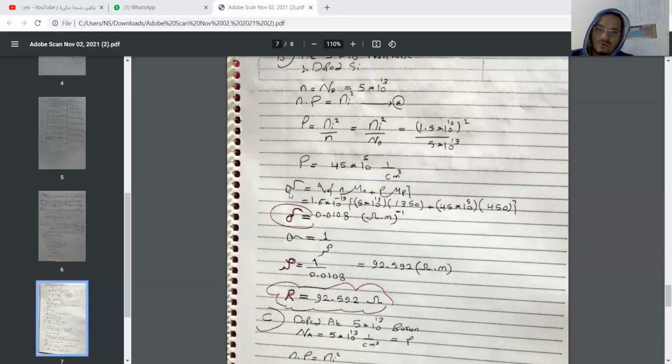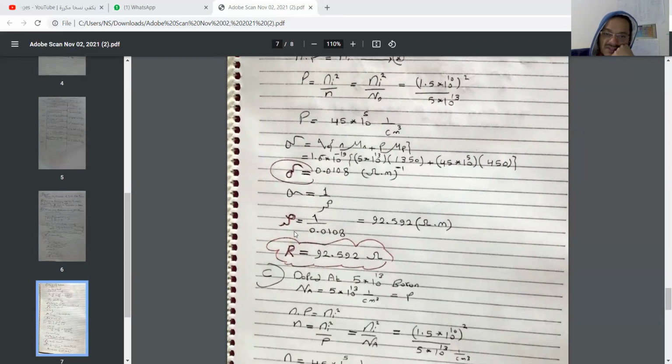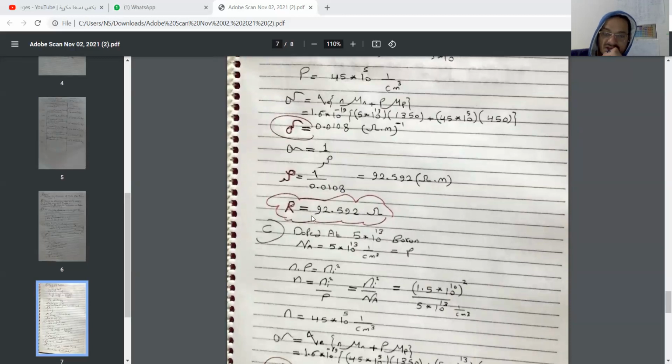By using the same equation to calculate the conductivity of phosphorus-doped silicon, it equals 0.08 ohm meter to the minus 1, and the resistivity equals 22.522 ohm meter, and the resistance here is the same because it is for a 1 centimeter cube.